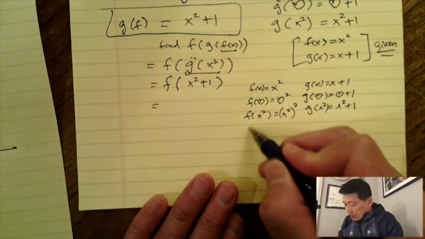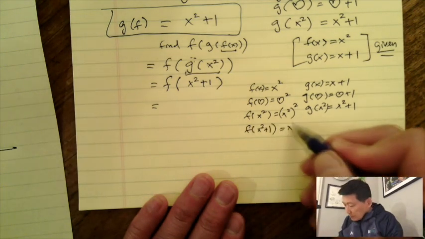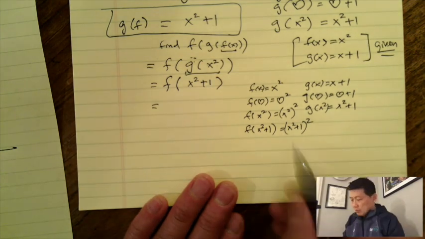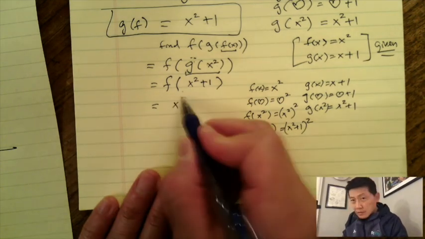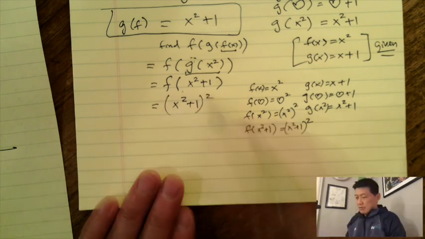That means f of x squared plus 1 is x squared plus 1 squared. You get it? So f of x squared plus 1 is x squared plus 1 squared.